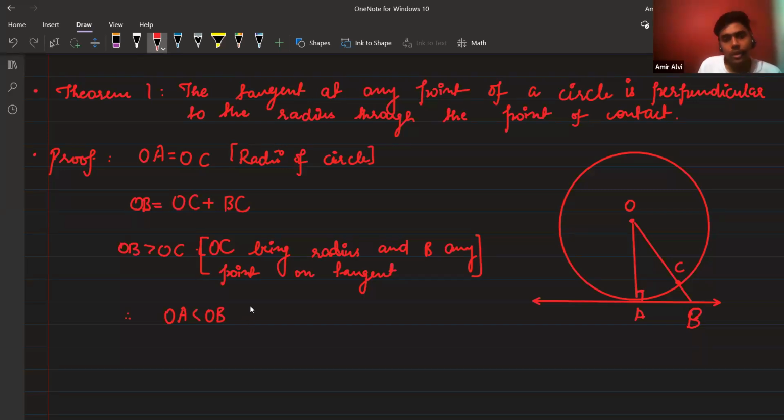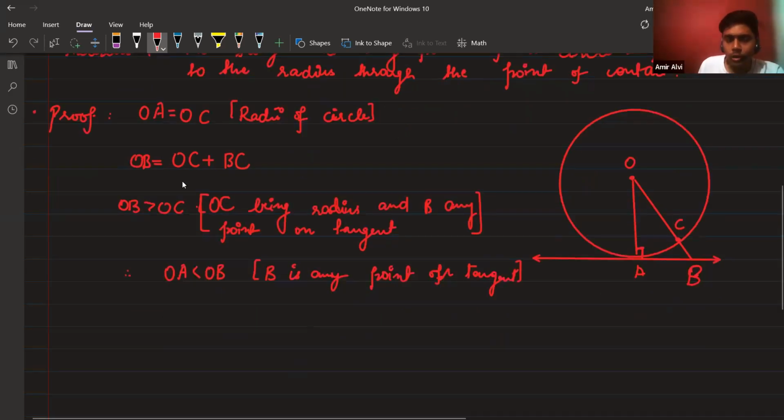B is also. Clear? Okay, now see that OA is shorter than all the segments. OA is the shortest line compared to all the segments, whether it's OB or any other. OA is the shorter one now.